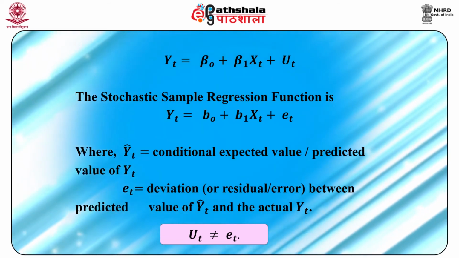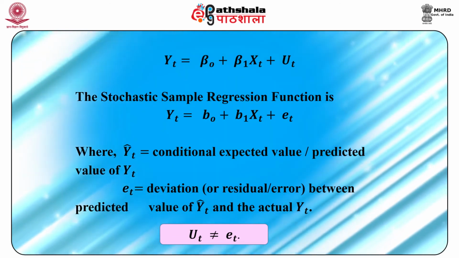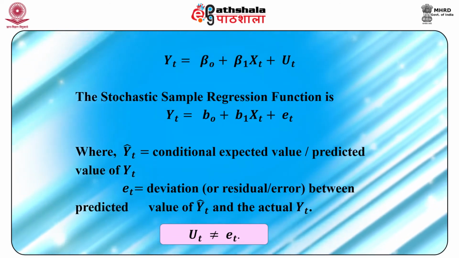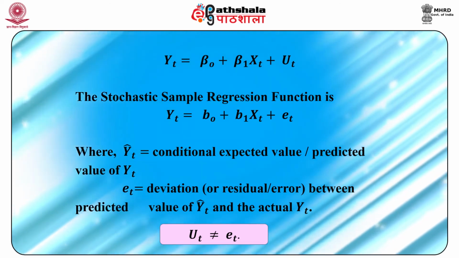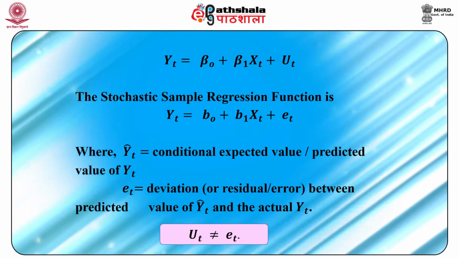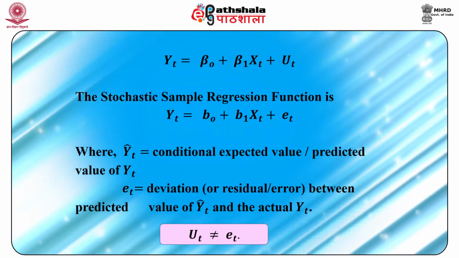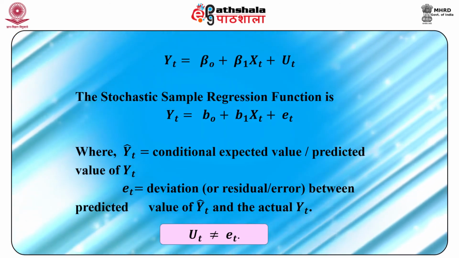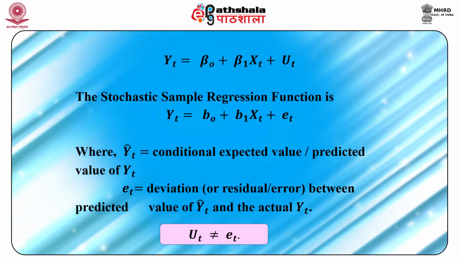So et, which is now used, is the deviation, also known as the residual or error, between the predicted value yt hat and the actual value yt. Therefore, mu t is not equal to et, but et is the difference between yt hat and actual yt.